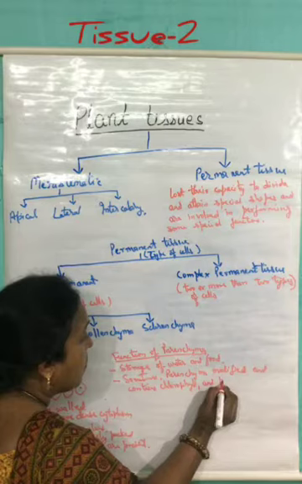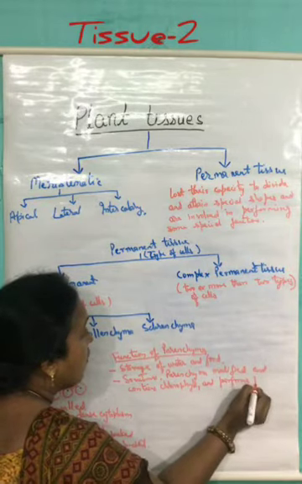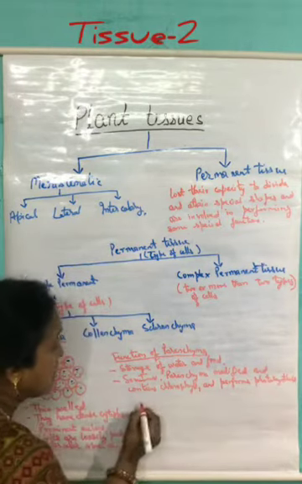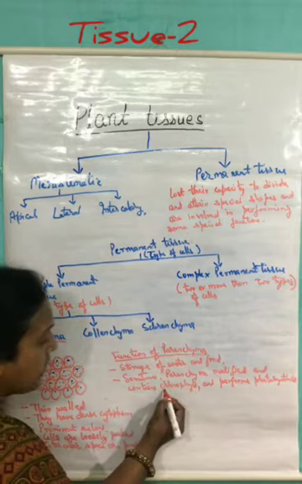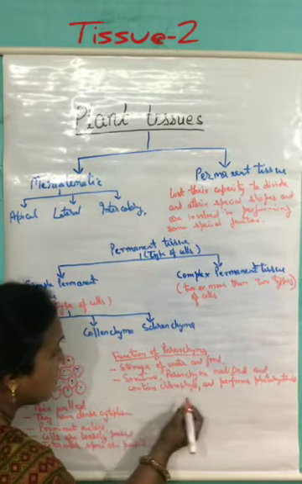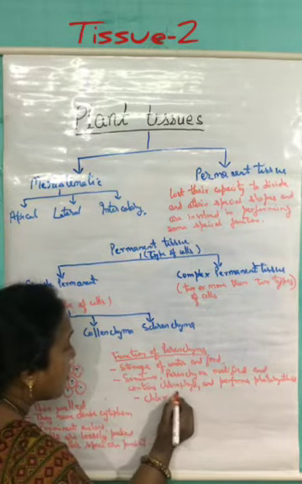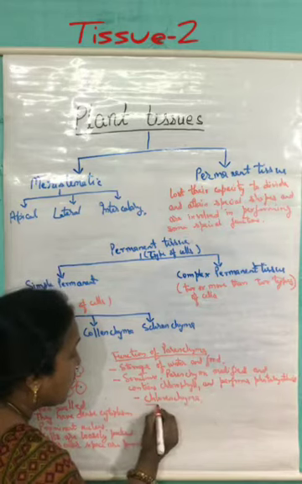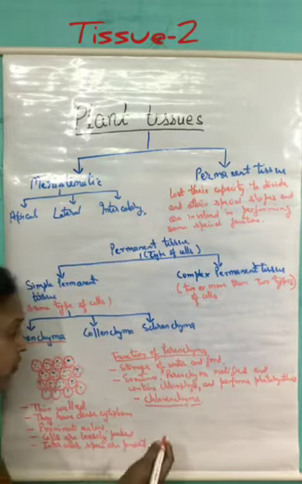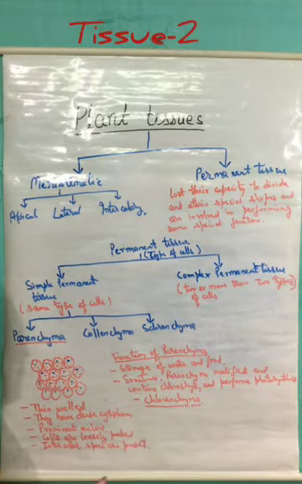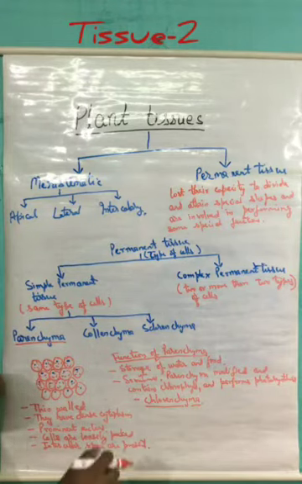These types of parenchymatous cells which have chlorophyll are known as chlorenchyma. So the parenchymatous cells having chlorophyll are known as chlorenchyma, and their main function is to perform the process of photosynthesis. That means they can prepare the food for the plant.